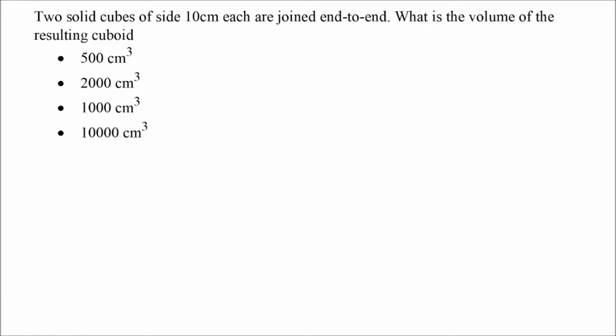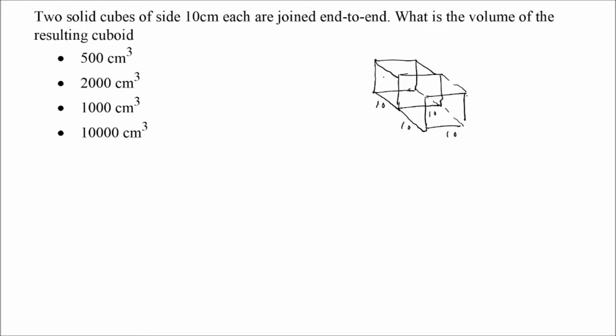Two solid cubes of side 10 centimeter each are joined end to end. See here, students, there are two solid cubes joined end to end, side 10 centimeter each. So this will be 10, 10, 10, and this is 10. What is the volume of the resulting cuboid?